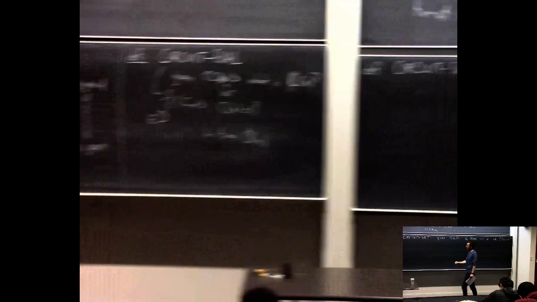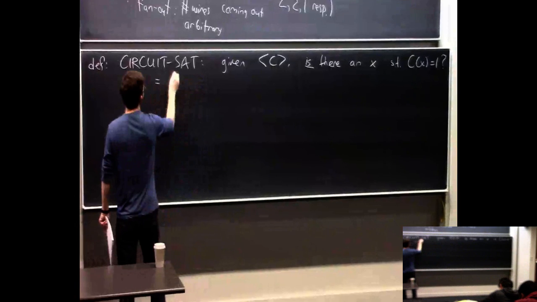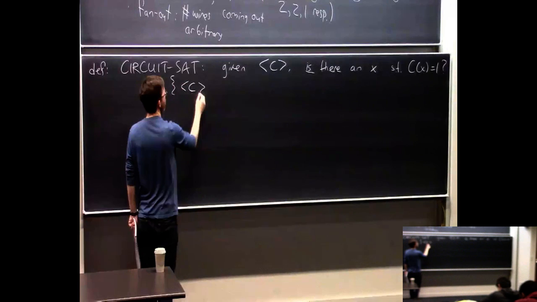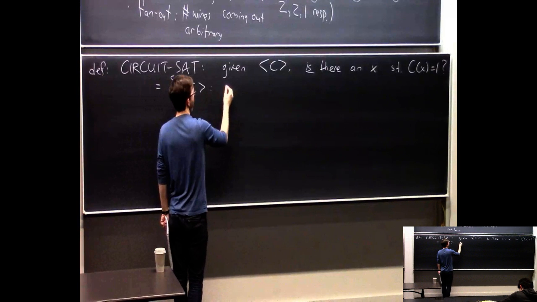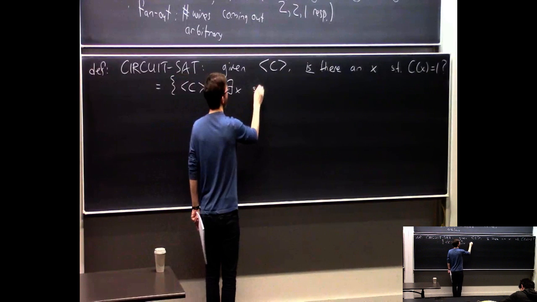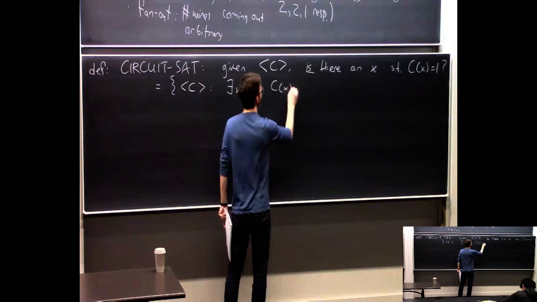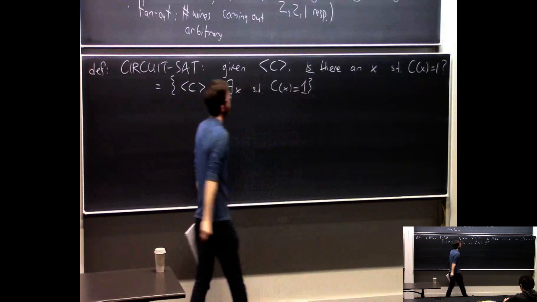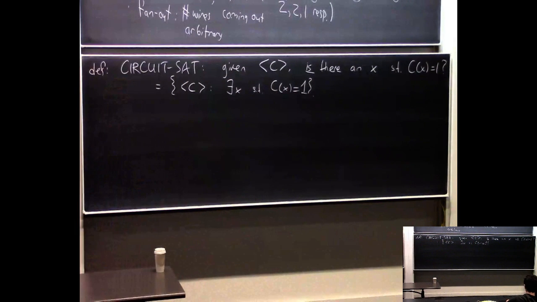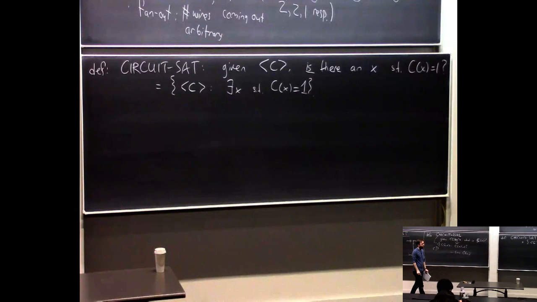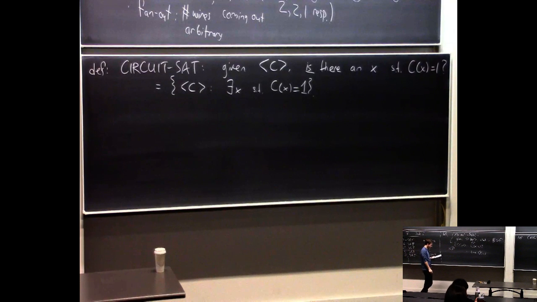Okay, if you want to think of it as a language, it's the language of all strings which are representations of circuits such that there exists x such that C of x is 1. So I'll give you a circuit and ask, hey, is there any way you can make the circuit output 1? That's the circuit SAT problem.